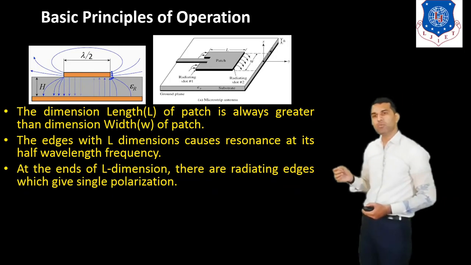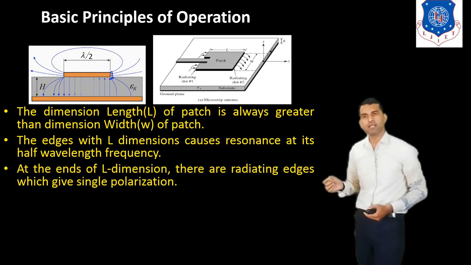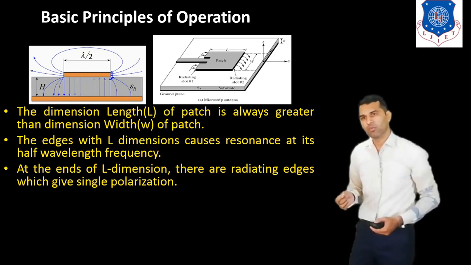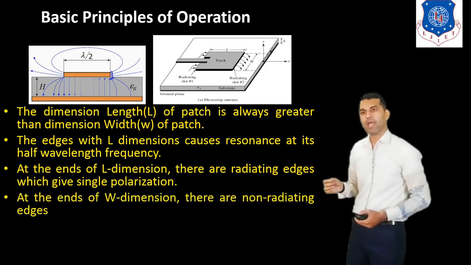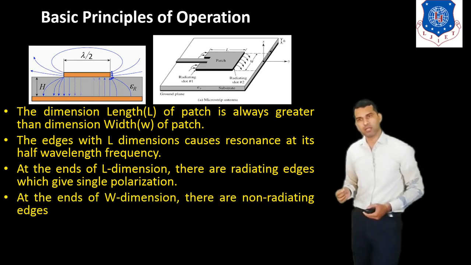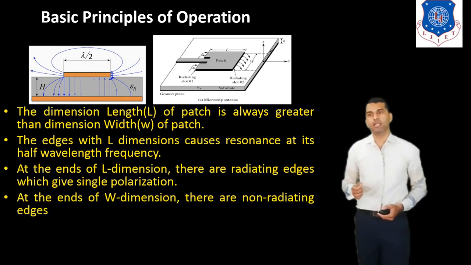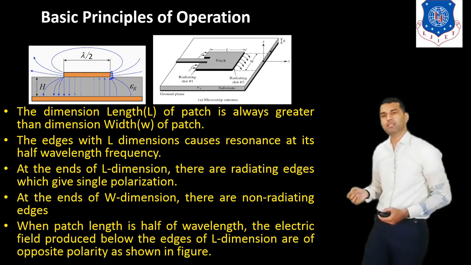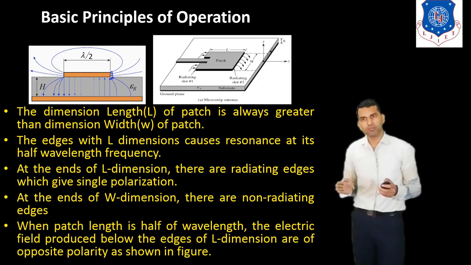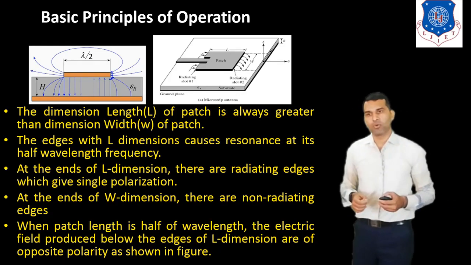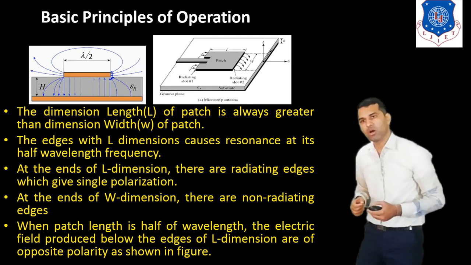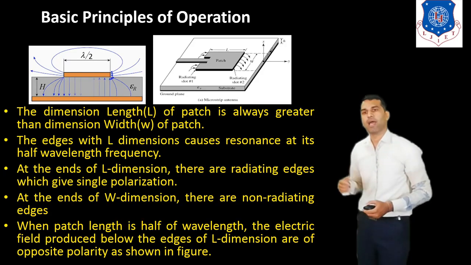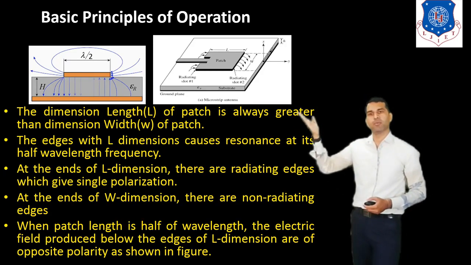At the ends of the L dimension there are radiating edges which give single polarization. At the ends of the W dimension there are non-radiating edges. When the patch length is half of the wavelength, the electric fields produced below the edges of the L dimension are of opposite polarity, as shown in the figure.